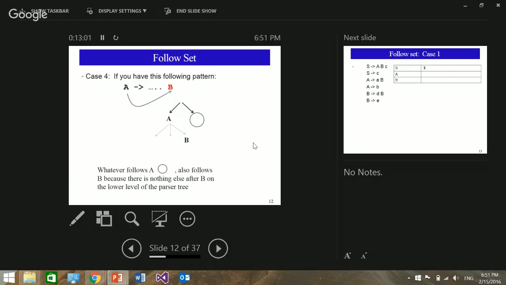So you're looking for these patterns. Take this one, S going to A B. Why would B go to lambda? If B drops out, then B is no longer the last symbol, and then S also gets to A. This is where lambda gets a little tricky.